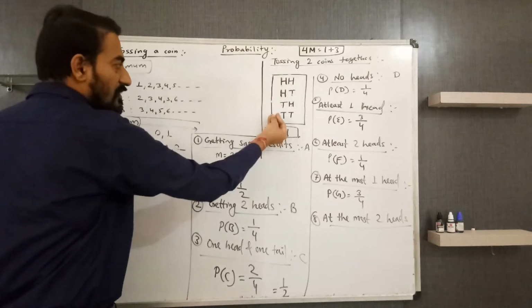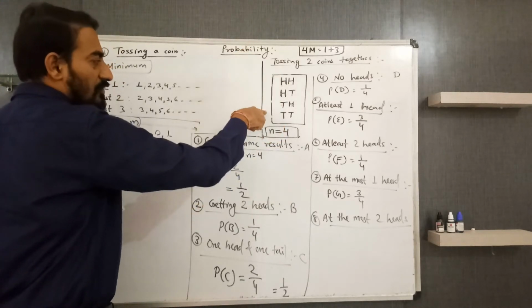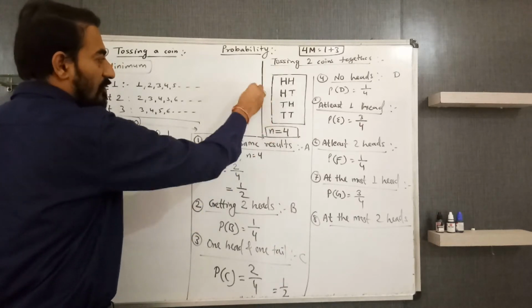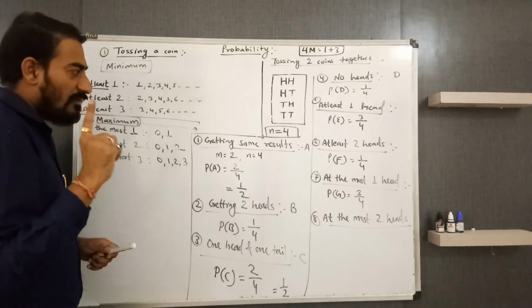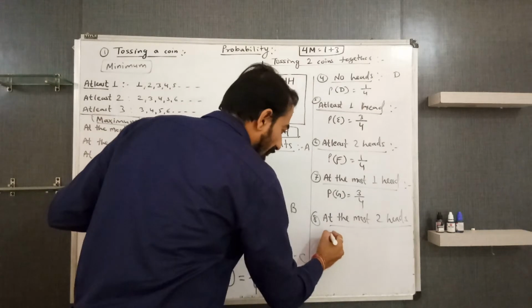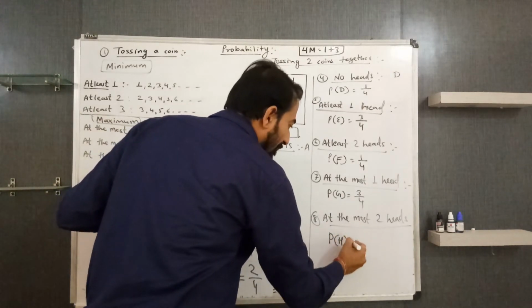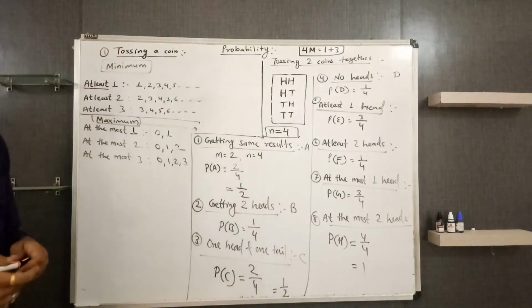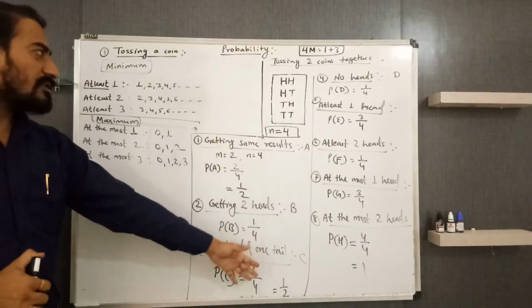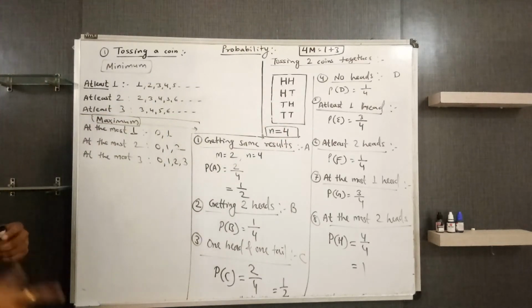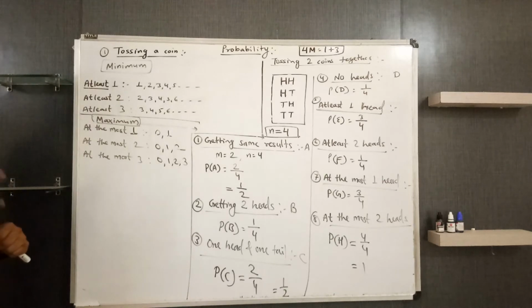If all the outcomes are equal to the total number of outcomes, means number of favorable outcomes and total number of outcomes are the same, the probability will be 1 and the event is known as a sure event. So here its probability will be 4 by 4 means what? 1. It is a sure event. So this type of questions can be asked in case of tossing 2 coins. So write it. Then we shall take tossing 3 coins.